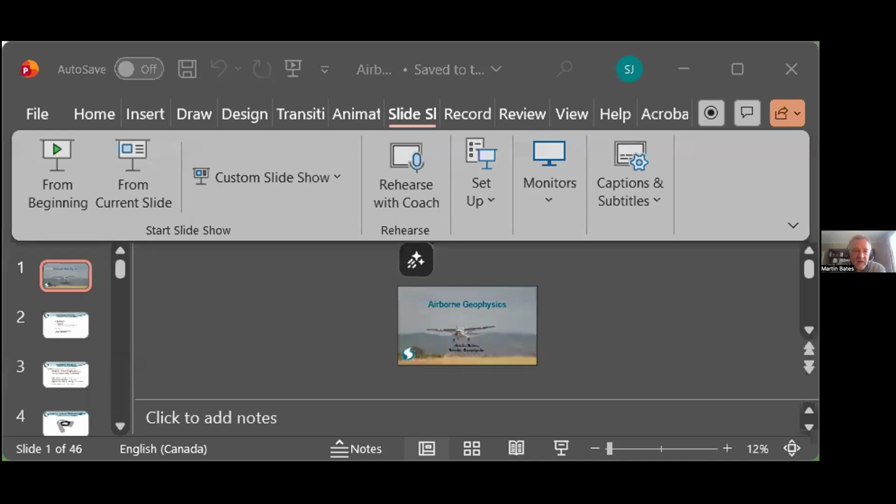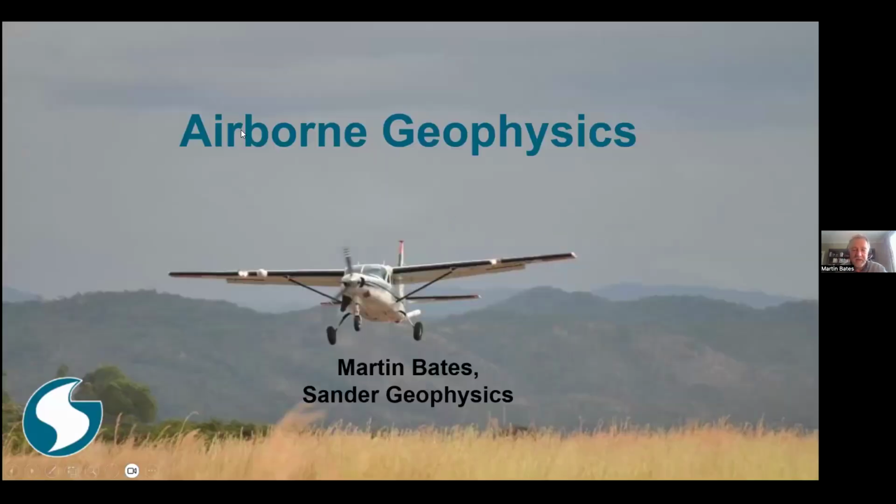Okay. It's saying one person can. Oh, here we go. Hopefully you can see the presentation. If I start this presentation from the beginning. Okay, how does that look? That's wonderful. Got a nice picture of an airplane with my name underneath it.